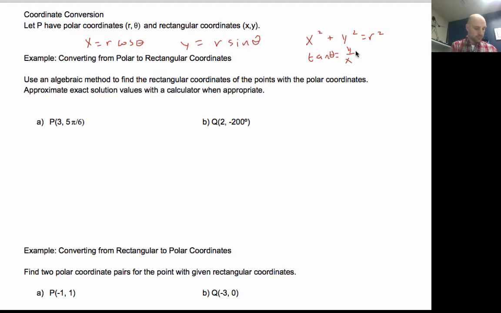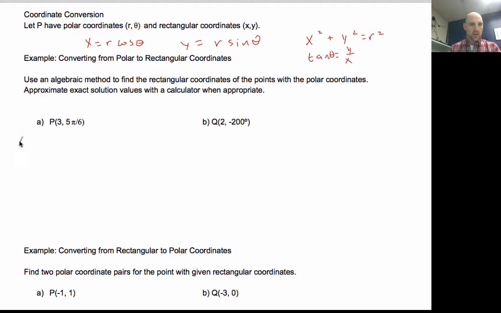Let's convert. My polar coordinate is 3, comma, 5 pi over 6, and they want us to use an algebraic method to find the rectangular coordinates of the points with the polar coordinates. Approximate exact solution values with a calculator when appropriate.